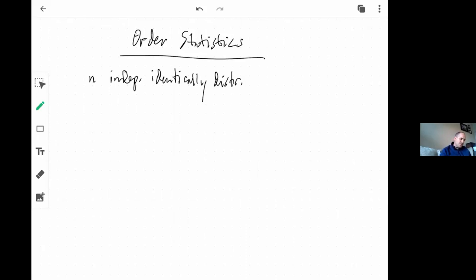We know what that means. And by the way, that term, independent, identically distributed, comes up so much that it gets its own little acronym, IID. Random variables X1 through Xn.